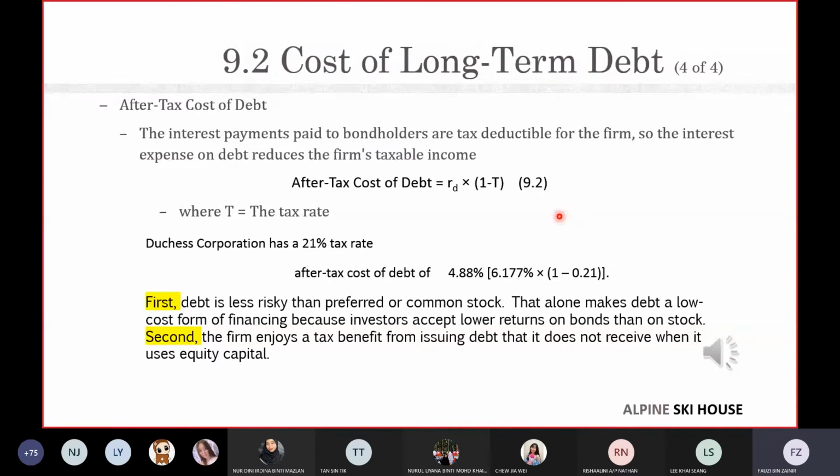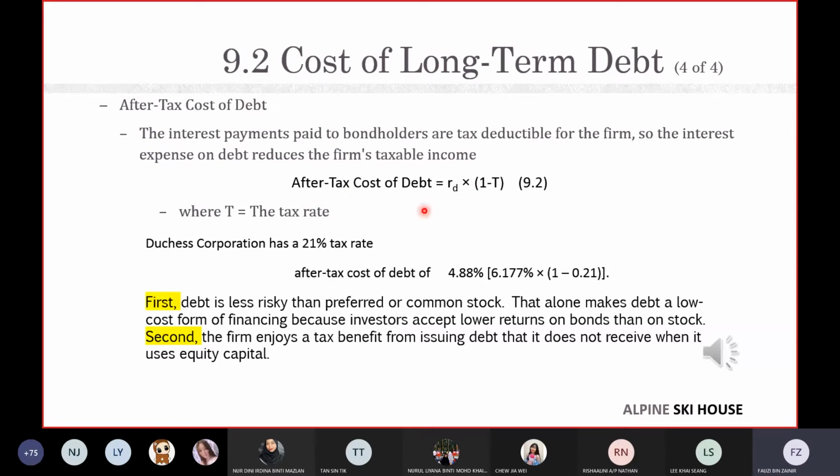So what does all this entail? Let's have a look at it here. Cost of long-term debt. Then we talk about the after-tax cost of debt. The interest payments paid to bondholders are tax deductible for the firm. So the interest expense on the debt reduces the firm's taxable income.